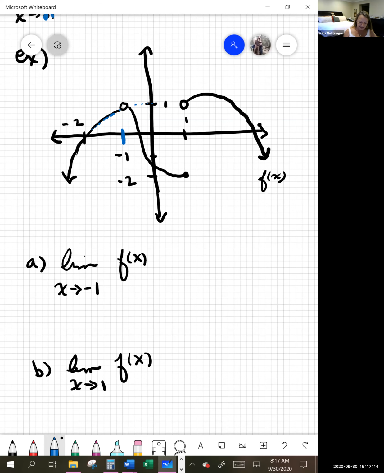So if I look at the limit as x is approaching -1 on the left, which we denote with what looks like a negative exponent, of f of x, this is equal to 1. But if we also look at what's happening as we're coming in on the right-hand side of -1, we're also approaching that y value of 1.